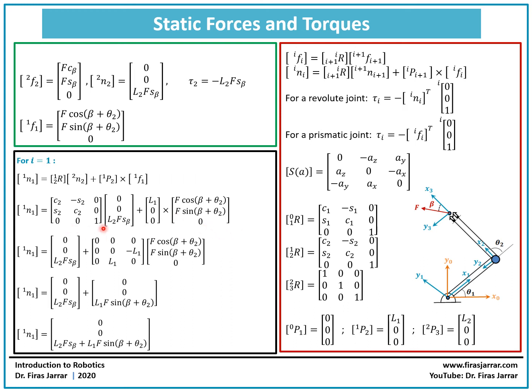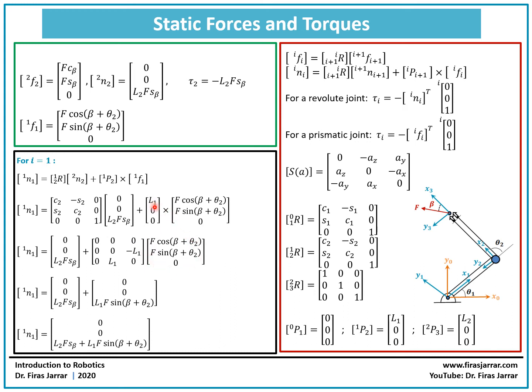So now we just do the matrix multiplication. This row by this column is going to give me a 0, and this one is going to give me this element here. Plus, now we have the cross product. We said before that the cross product can be represented by taking the first vector, writing it in a skew symmetric matrix, and multiplying it by the second vector.